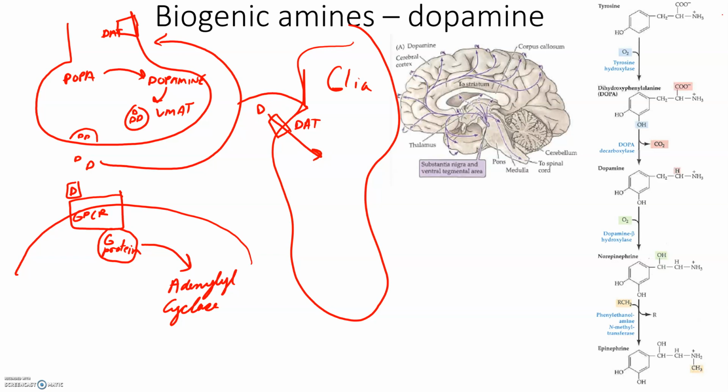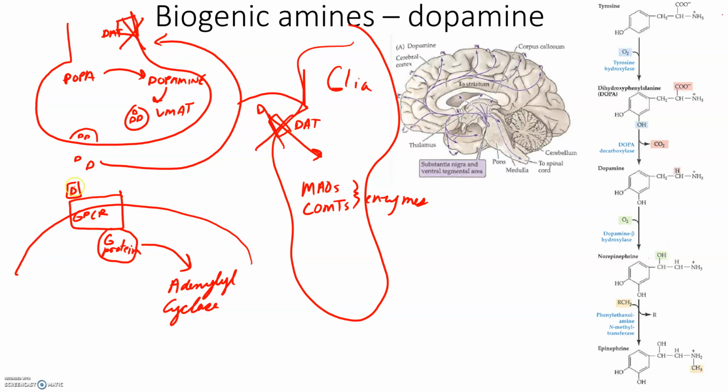Okay. Once it's in the cell, the glia or the neuron, they contain enzymes, MAOs, monoamine oxidases, or COMTs. These are enzymes, and they help degrade dopamine. So we mentioned that one of the drugs of abuse, cocaine, also amphetamine, blocks these DATs.